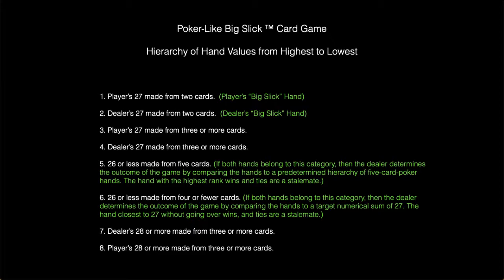Meaning that if the player goes over 28, they lost. Conversely, the player 27 always has a higher value than the dealer 27. For that reason, if the player makes 27, the player has won the game. And since the player gets to go first, the player gets the first opportunity to attempt to make 27.